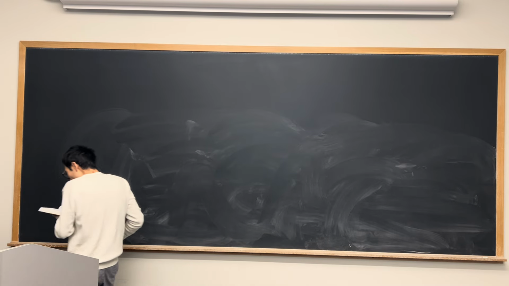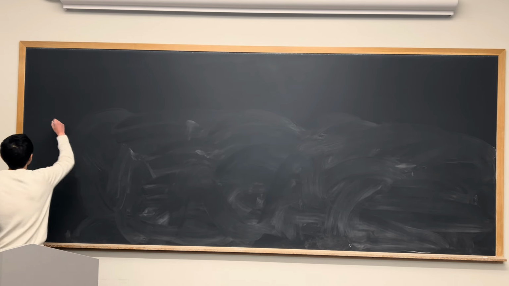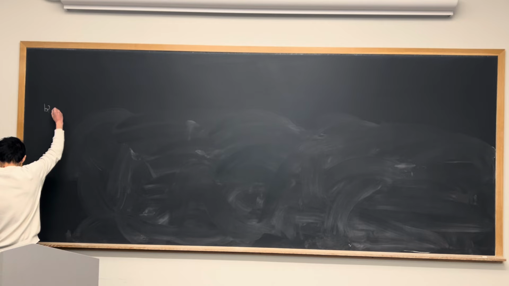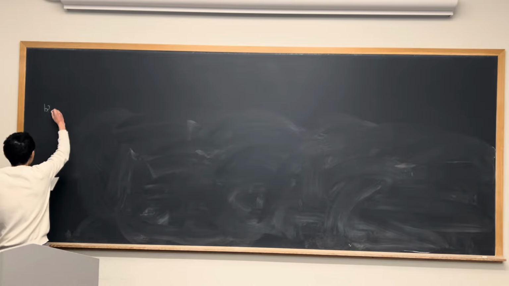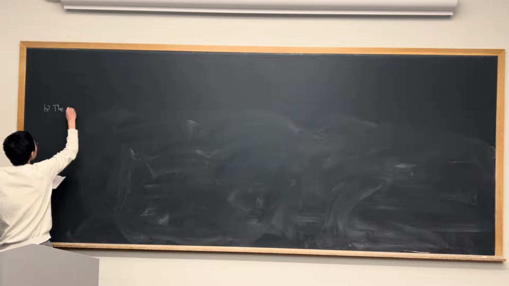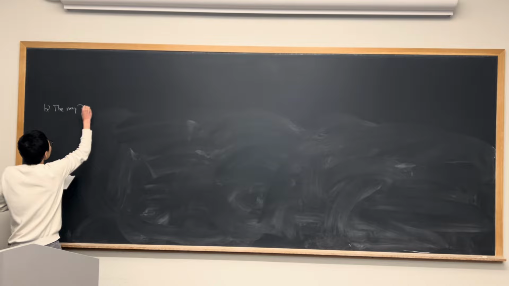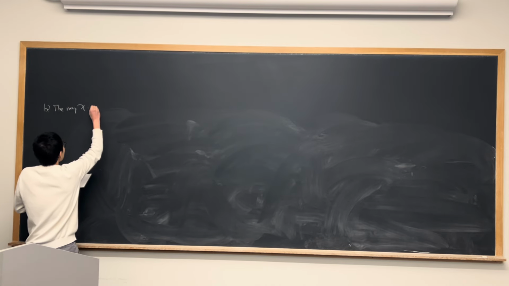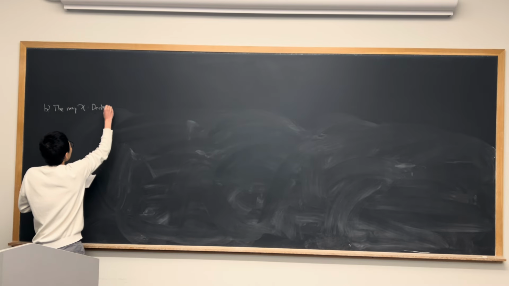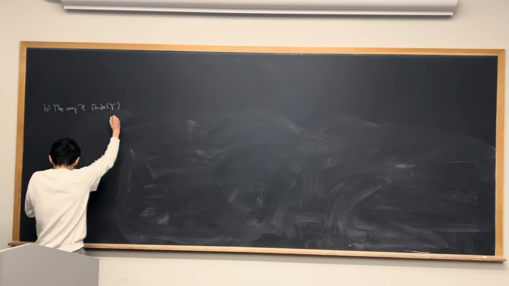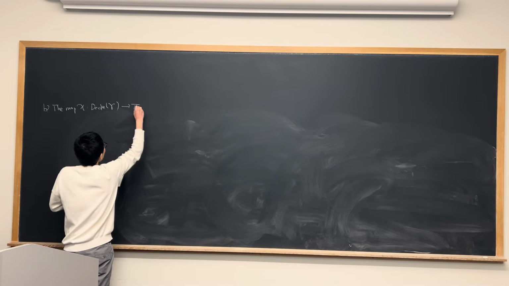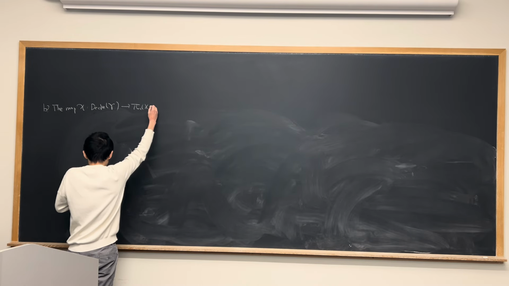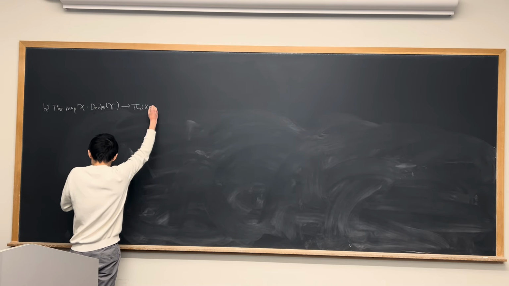We are trying to prove part B. Let me just state that again. So the map chi from the deck of gamma to pi 1 of x, x naught.